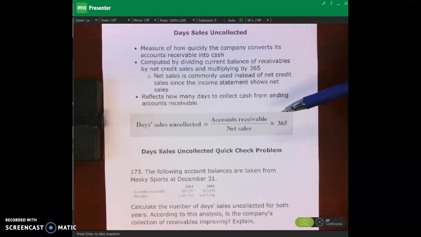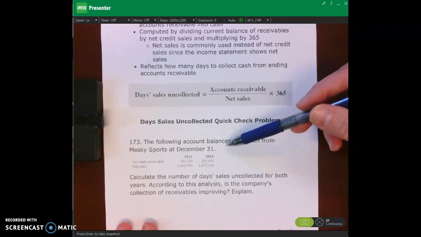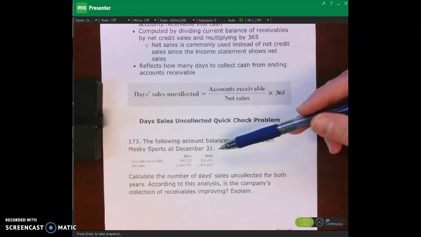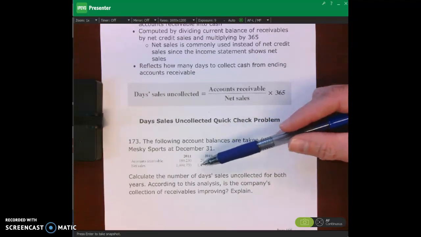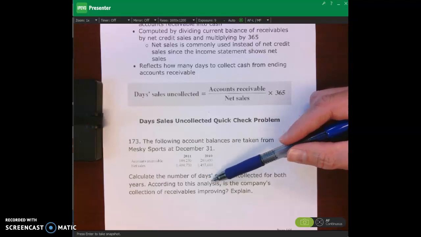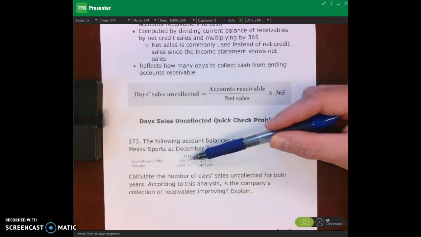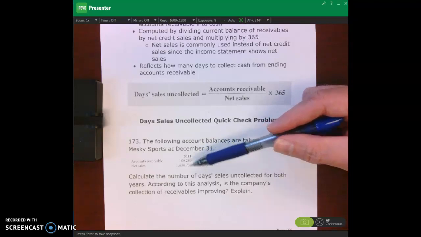Okay? And so if we look at this example, the following account balances are taken from Mesky Sports at December 31st. Calculate the days sales uncollected for each year, and then tell me whether the company's collection of the receivables is improving or not, and justify it. So we can see over here with 2011, accounts receivable is 180,230, net sales 1,600,750.